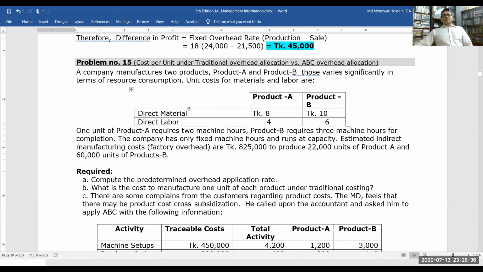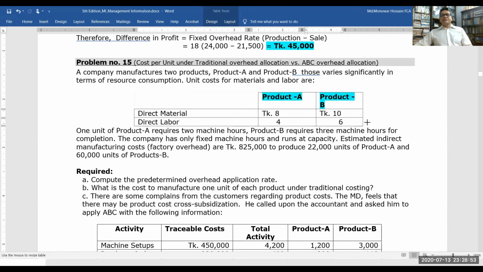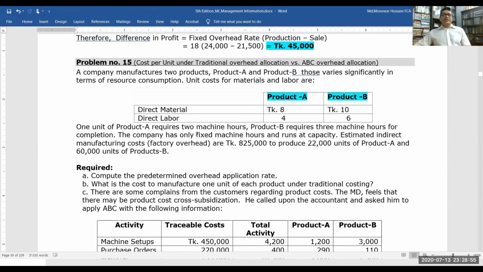cost per unit hour, traditional overhead versus ABC allocation. So a company is manufacturing two products as in the previous one, product A and product B. The direct material is 8 taka and 10 taka, and direct labor is 4 and 6.